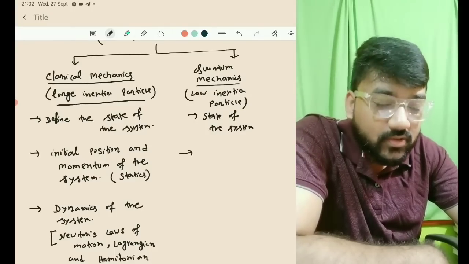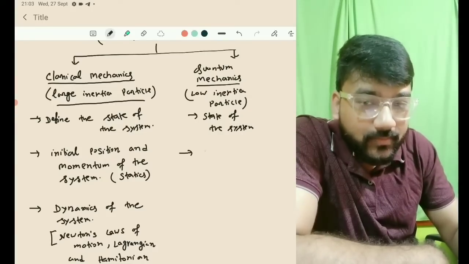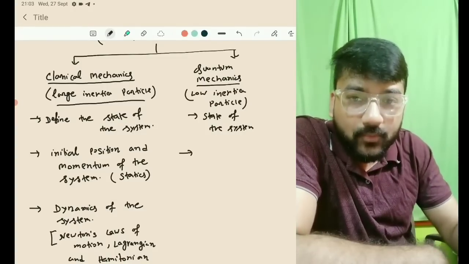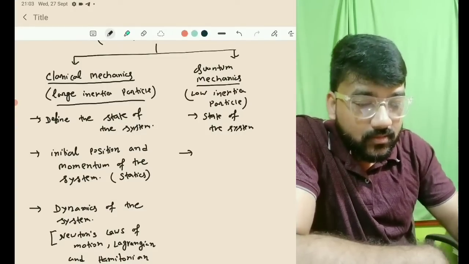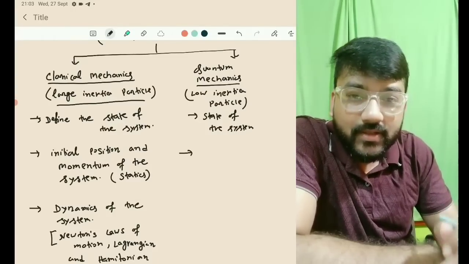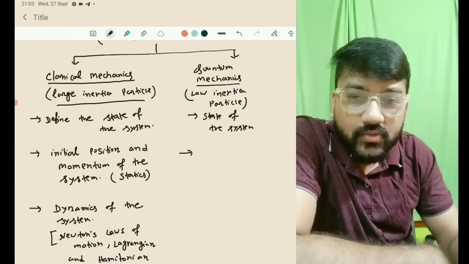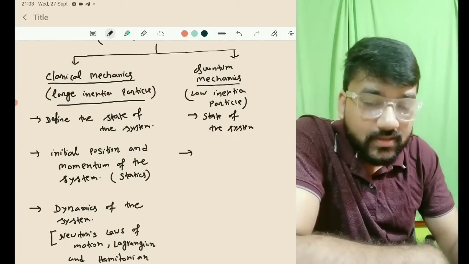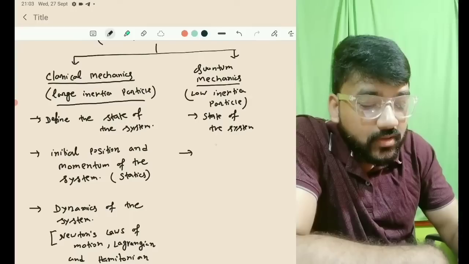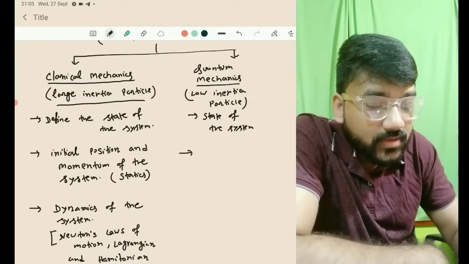The approach is the same, but the law involved is different; in classical mechanics we use definite things, but here we will always discuss indeterministic things. So the state of the system, and then obviously the initial state, that is the statics of the system.